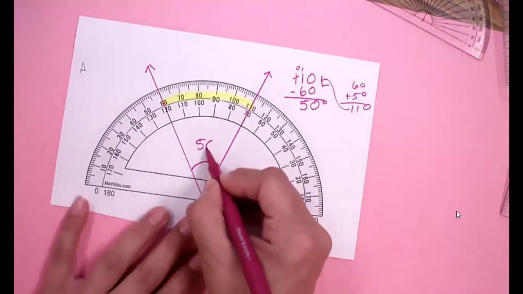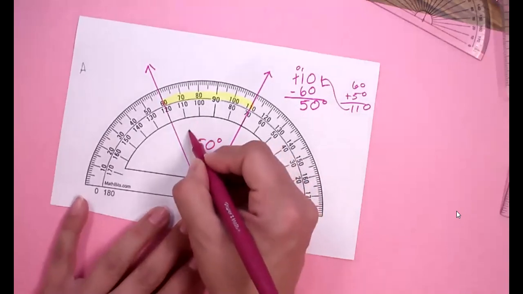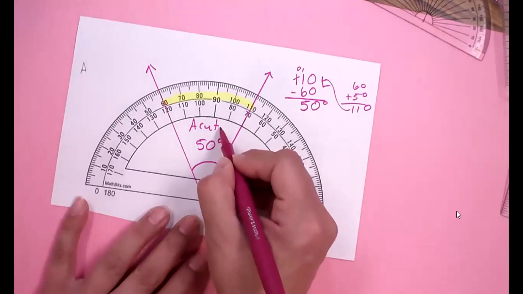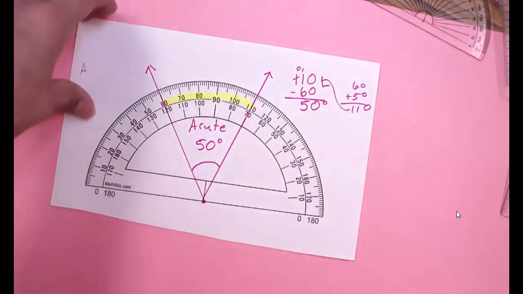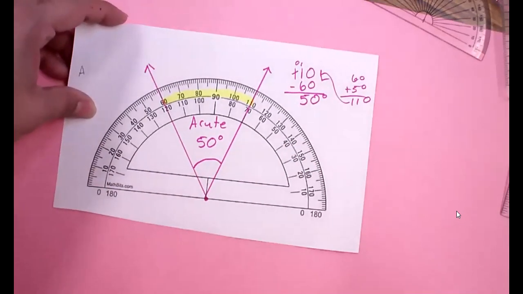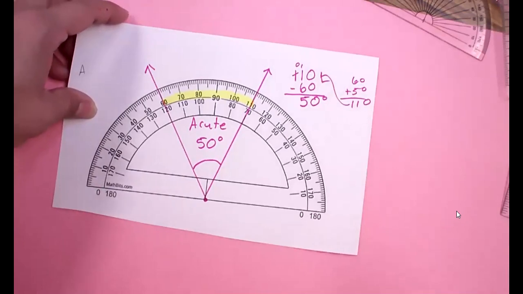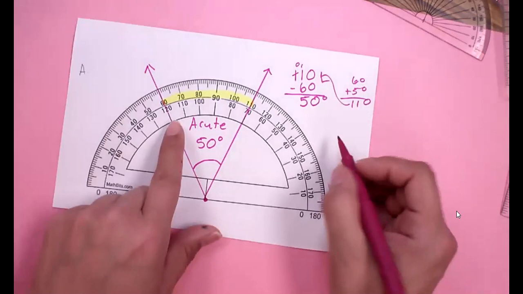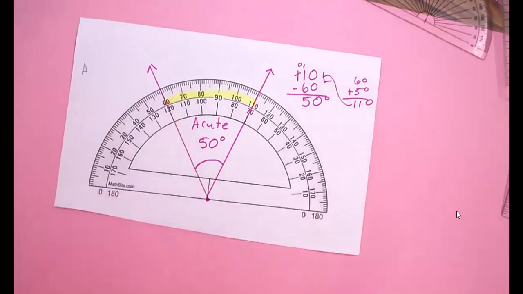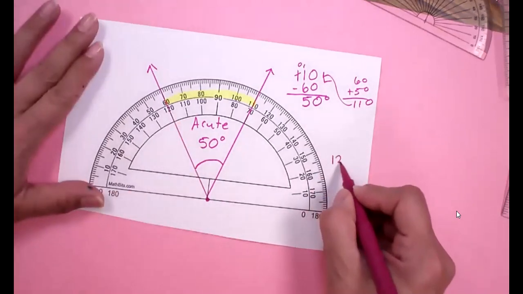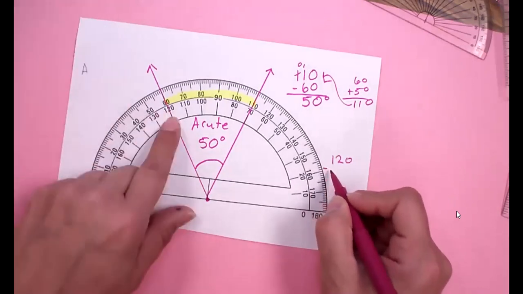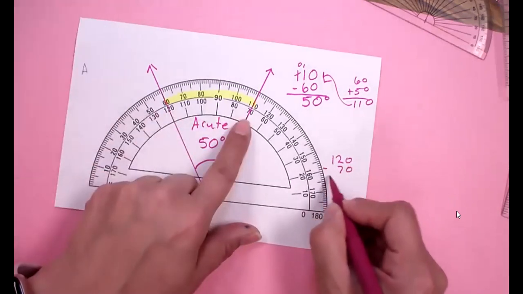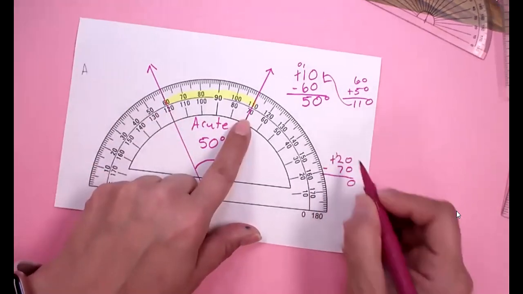This is a 50-degree angle, and it is acute because it is less than 90 degrees. So remember, subtract using the outer scale. Now you could use the inner scale if you want, and that would be a little different. That would be 120 minus the 70, because that's where it's pointing at. And you can do the same thing.